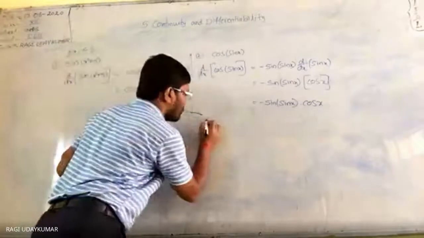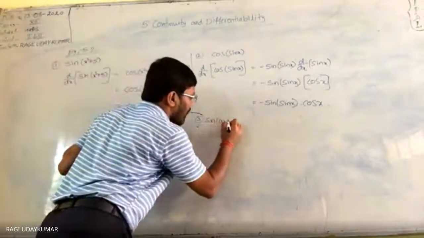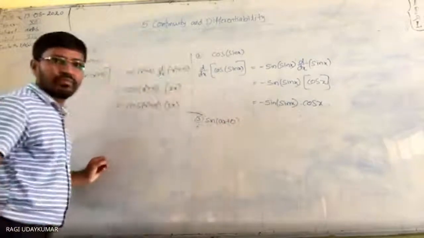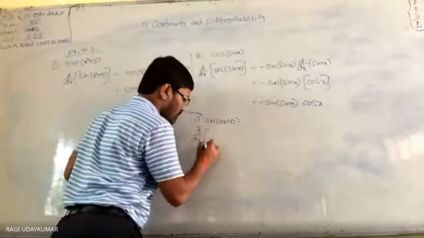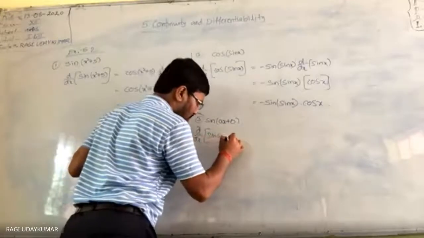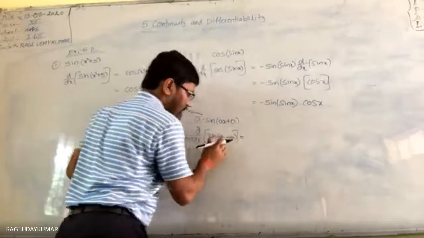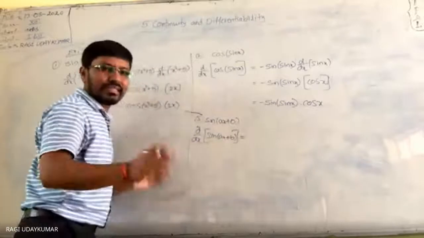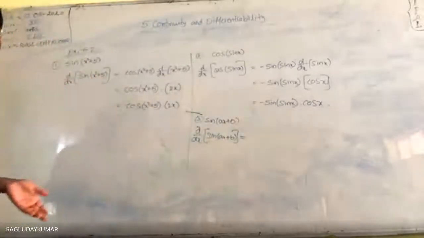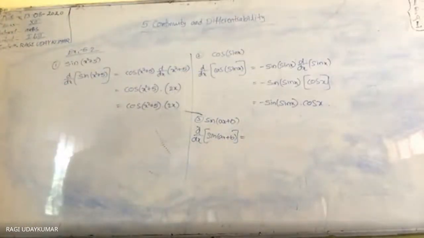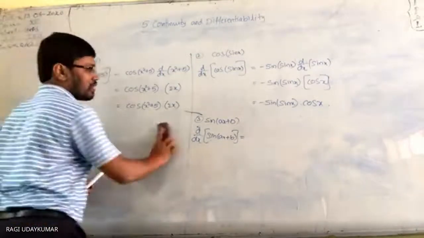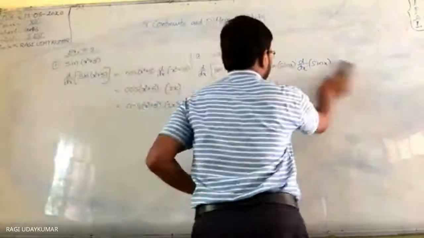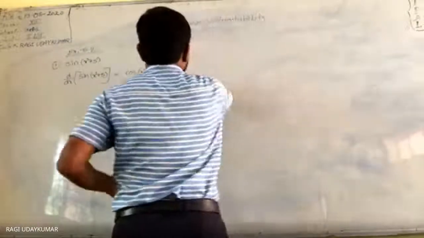What is that? Sine of ax plus b. So d by dx of sine of ax plus b will be equal to sine of the whole ax plus b. This is easy, you can do it. So let us go for the next, fourth problem. You can do this, right? I'm not explaining that one, but the fourth is a little bit different. Let us go for that problem.